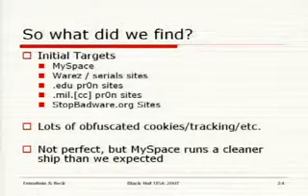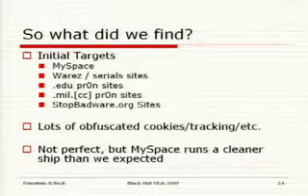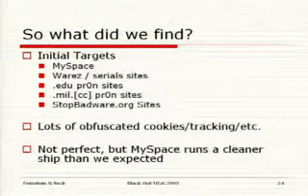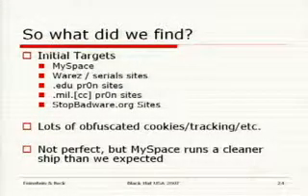They weren't actually trying to exploit your browser. They were more trying to make sure that you had to consume their advertisements. So MySpace, at least based on our results, runs a fairly clean ship. In our 400 or 500 JavaScripts, we did not identify any as being clearly malicious. They were obfuscated, they were evasive, but mostly for functionality such as displaying advertisements or tracking your path through various commercial websites.